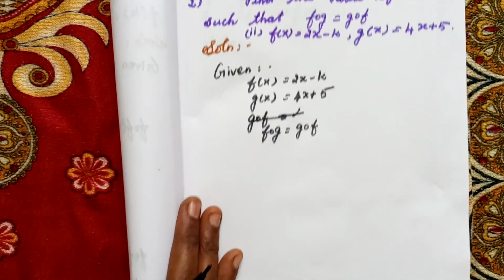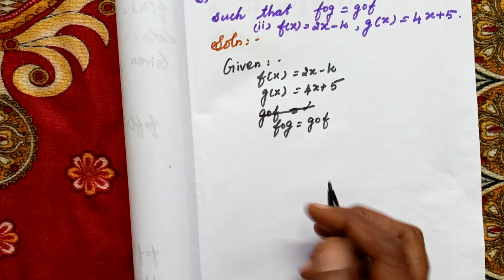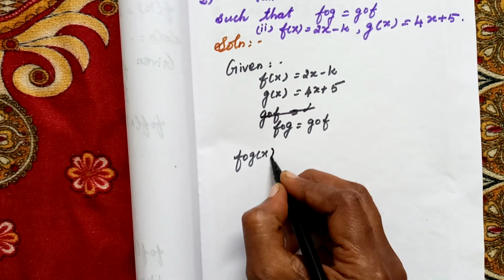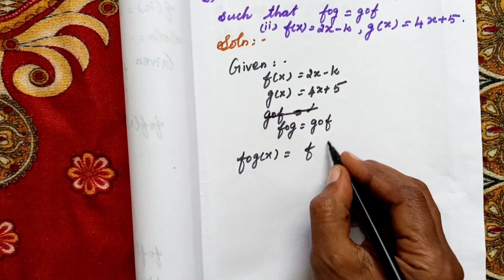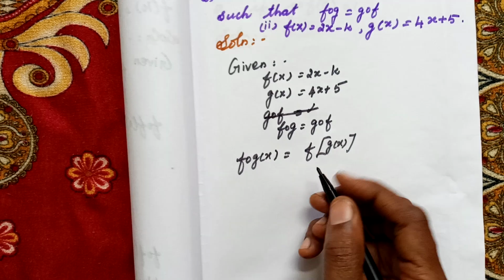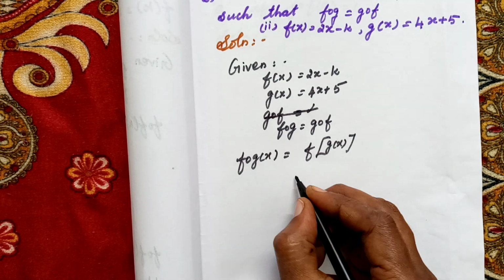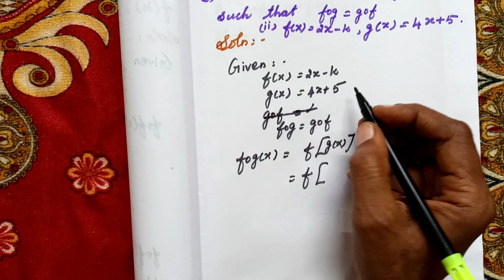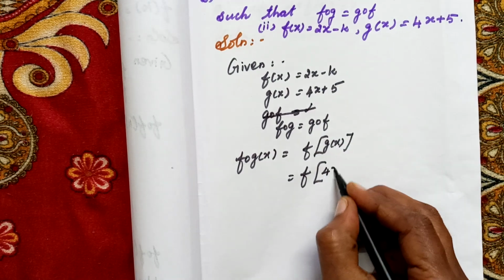First, what we have to find out? f composite g of x is equal to f of g of x, which is f of, what's the value of g of x? 4x plus 5.